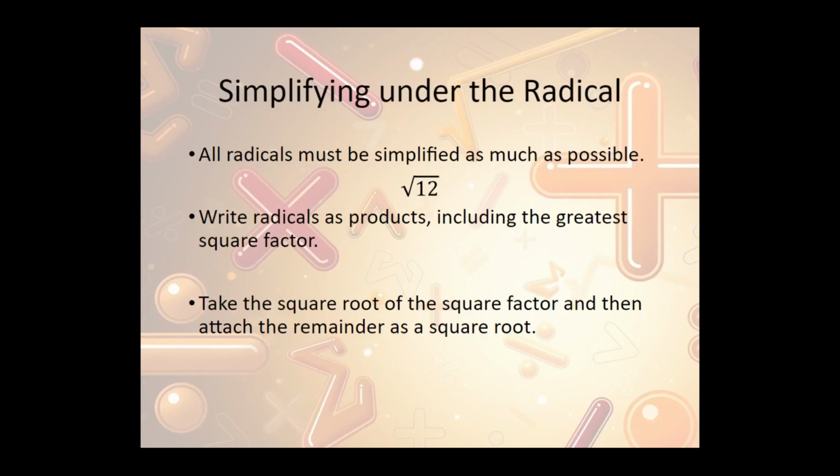We want to pick out which ones are perfect squares. 1 and 4 are perfect squares, but we only want the biggest one, so 4 is the biggest perfect square. So that's really 4 times 3. The square root of 4 is 2, so this becomes 2, and we leave whatever's left under the square root, which is 3. So this becomes 2 square root of 3.